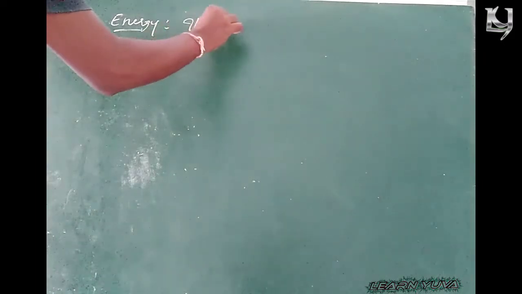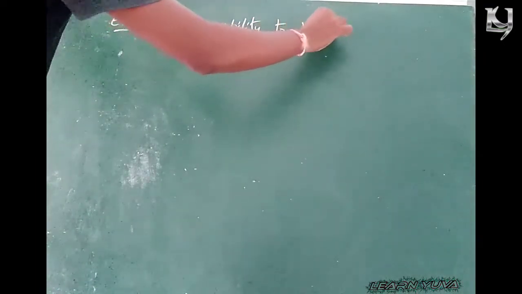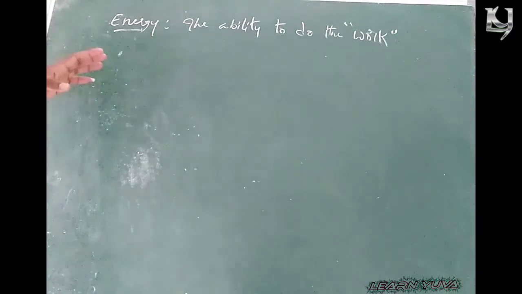So in physics we can say that if a thing is doing some work, it possesses some energy, right? So based upon this, we can say that the ability to do the work is nothing but energy.